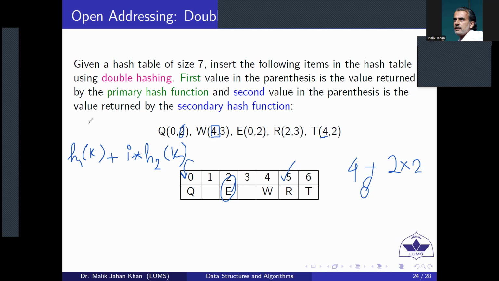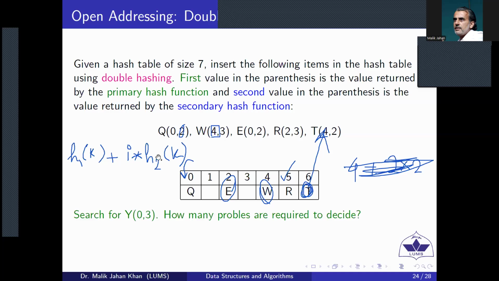Sorry, I think I missed this point: T is being inserted. T tried to get inserted when we did 4 plus 2, and this place was empty, so T got over there. So we won't be going to the next step with 4 plus 2 times 2. Sorry for that.